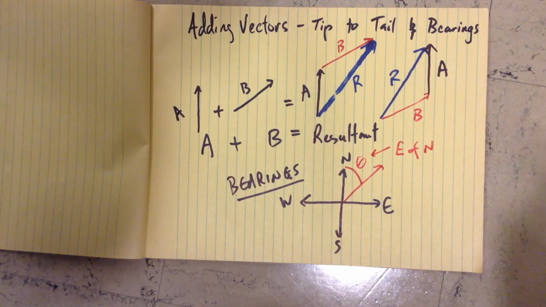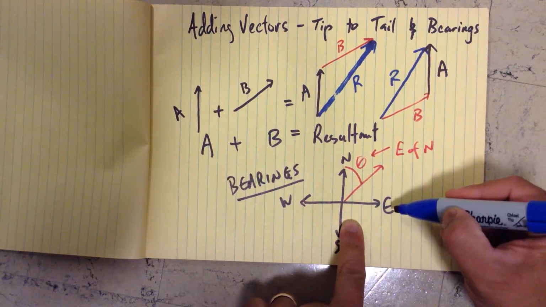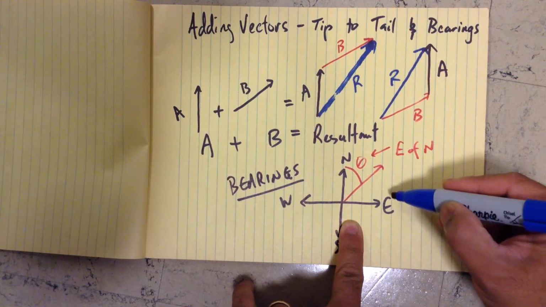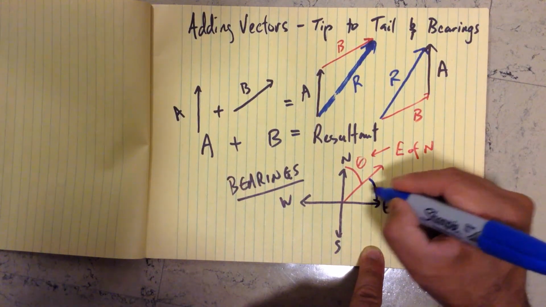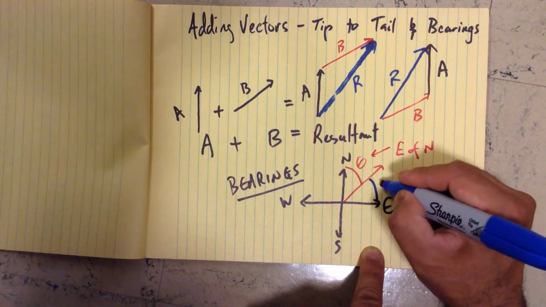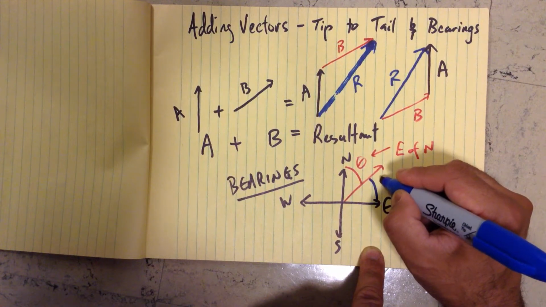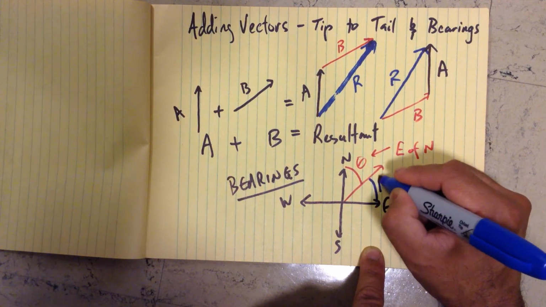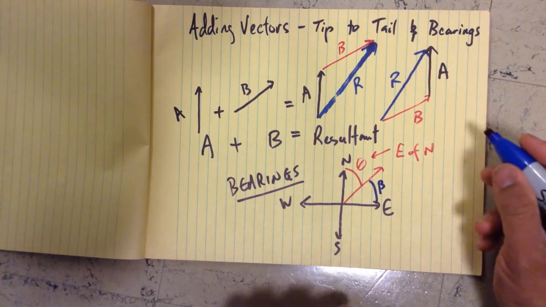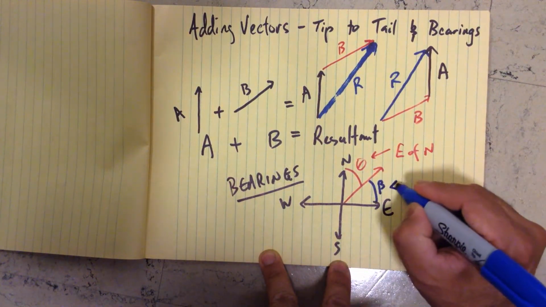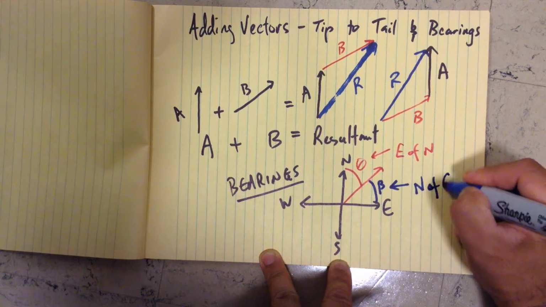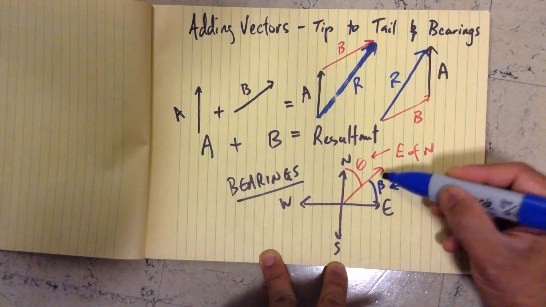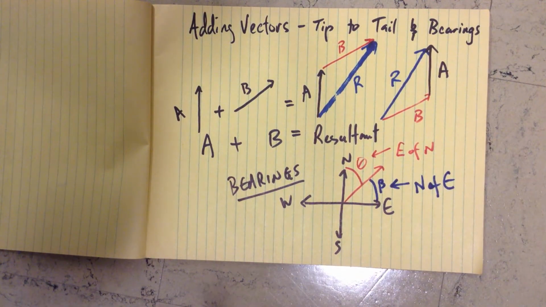Or I could describe the same angle in terms of east, and I've modified it by moving it to the north. So that angle there, let's call this angle beta. Here, this would be an angle that is north of east, because I was heading east and modified it by going north.